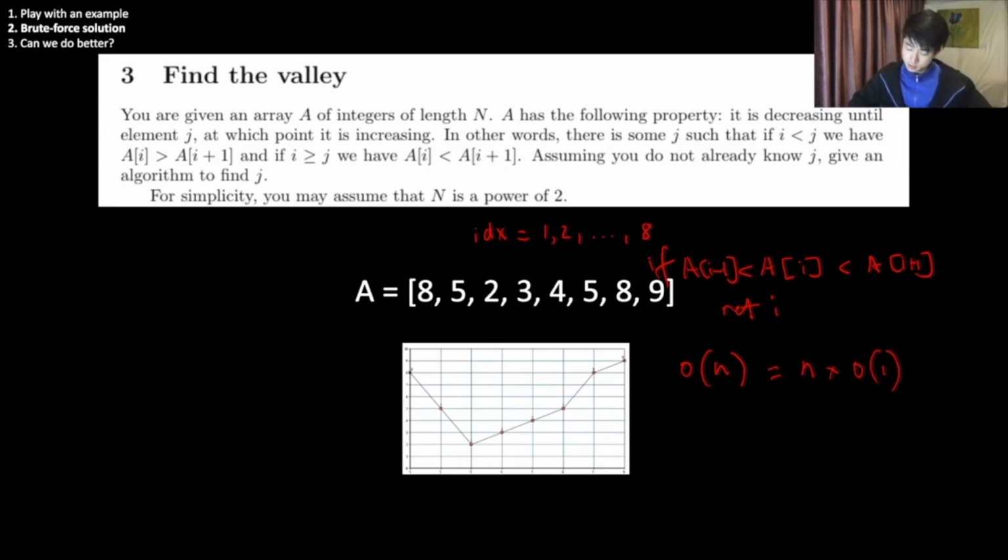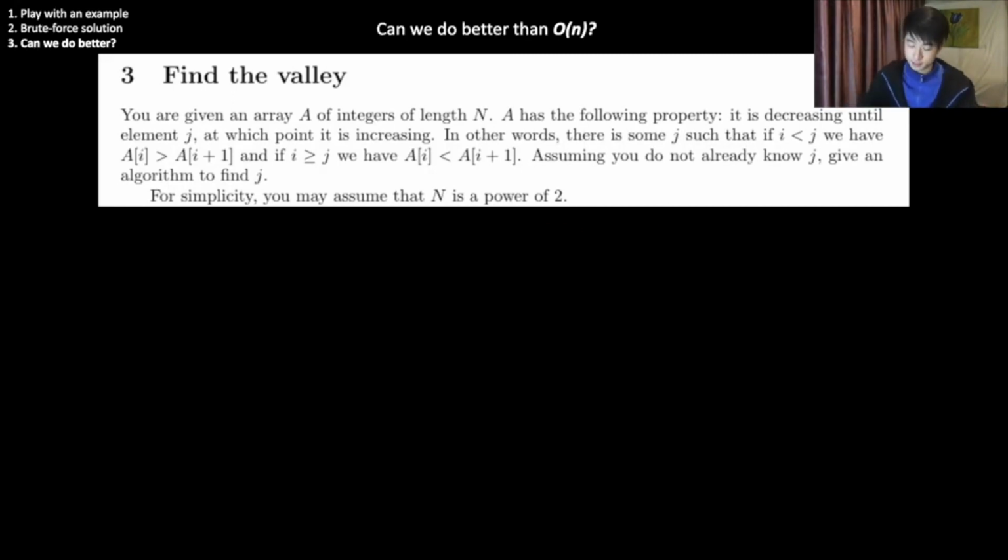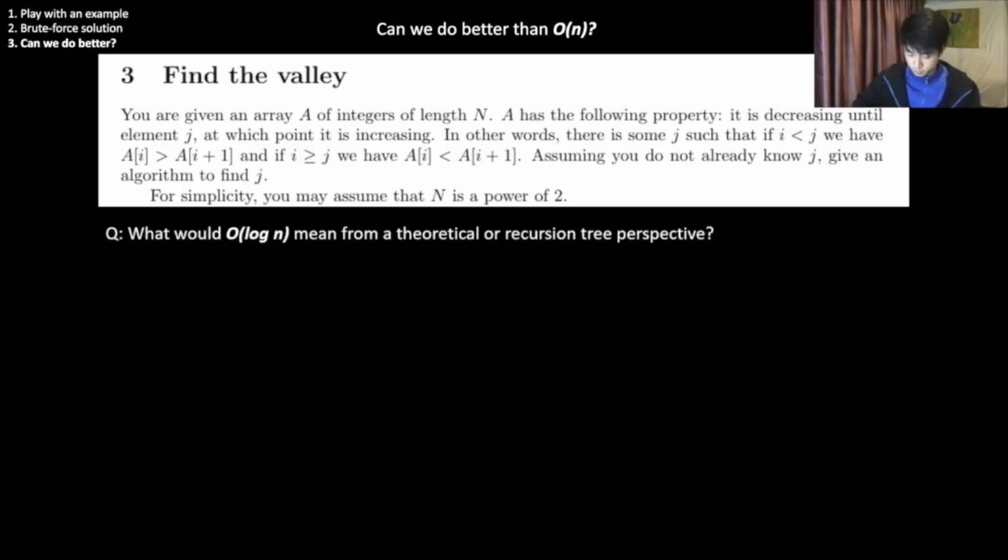Now we ask ourselves, can we do better than linear time? If we think about this, what's a better runtime than linear? Obviously log. So we ask, what does this mean from a recursion tree perspective?